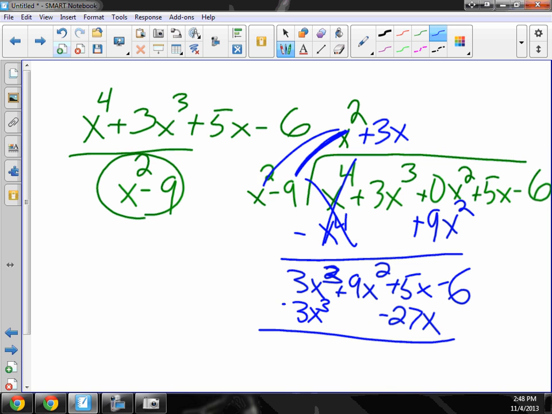Change the signs. First one cancels. 9x squared, and this is going to get really nasty because I just made it up. Plus 32x minus 6.